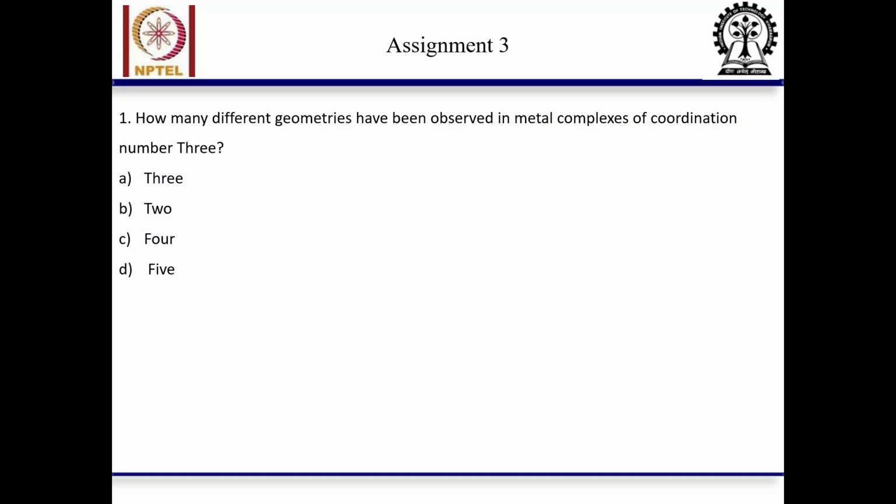So the first question is: how many different geometries have been observed in metal complexes of coordination number 3? Anyone can write in the chat box which is the correct answer, and then I will discuss the possible geometries for coordination number 3. I will wait a minute or two to see whether you can answer this question.